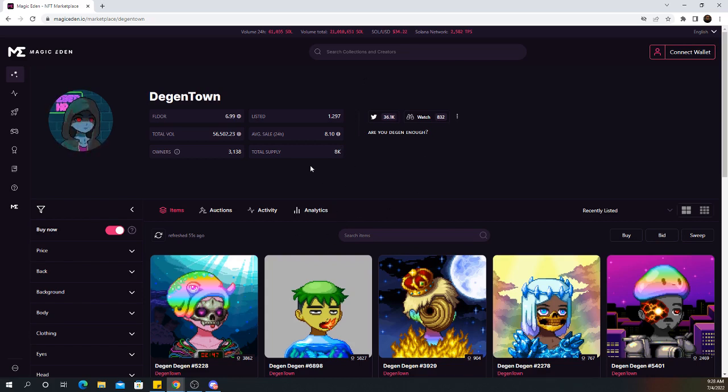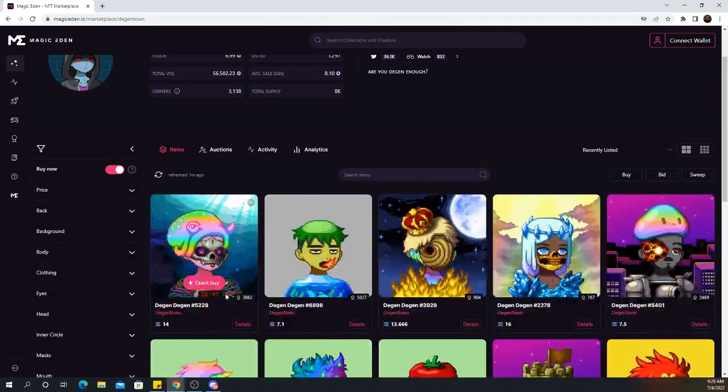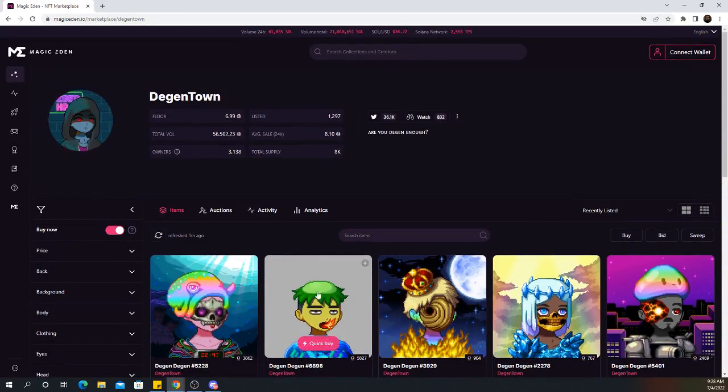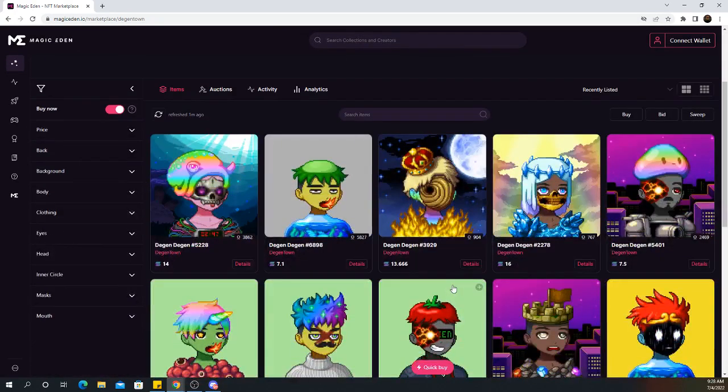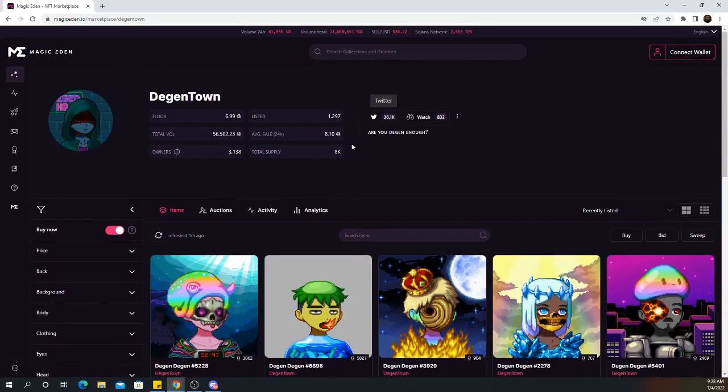But for our purposes, with something like Magic Eden or FoxySwap, you send that list to the marketplace, and then everyone knows that if it's listed here, it's part of the collection, because only those 8,000 tokens that were sent to Magic Eden are able to be listed as part of that collection.